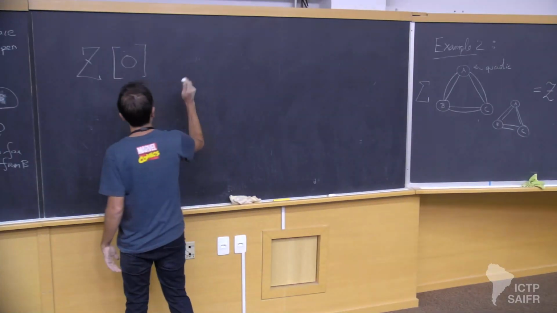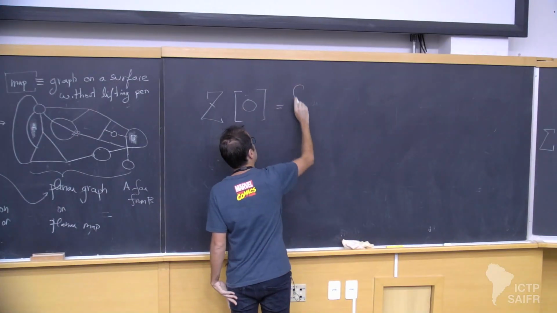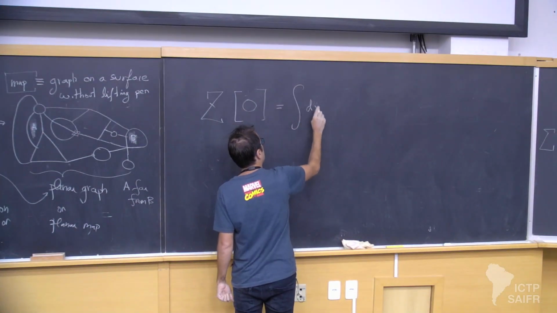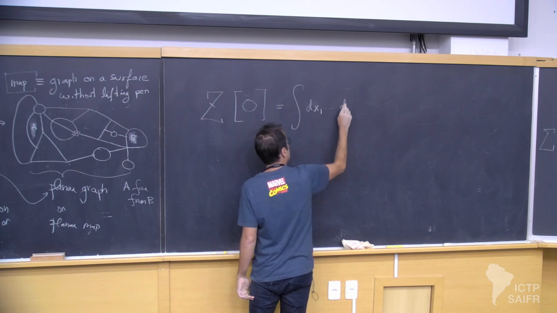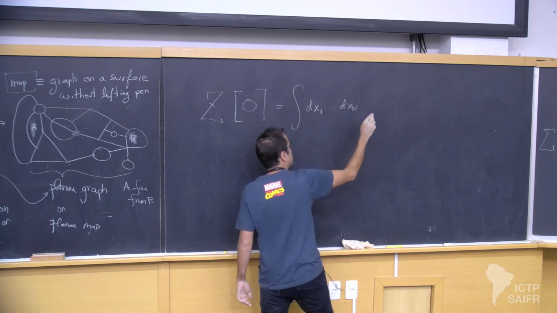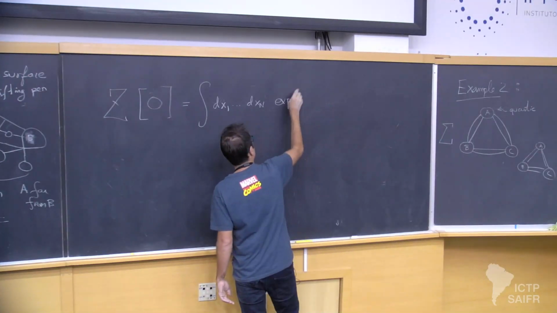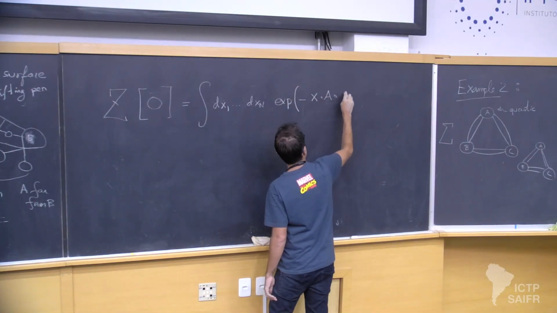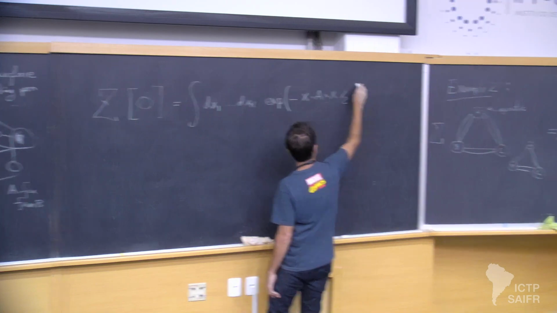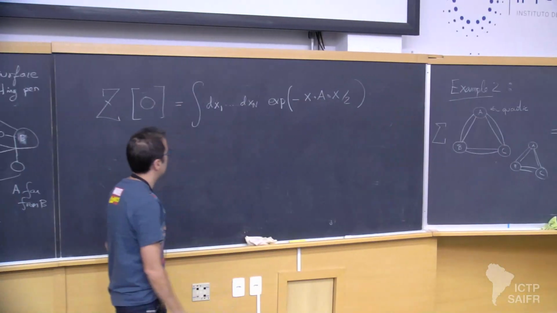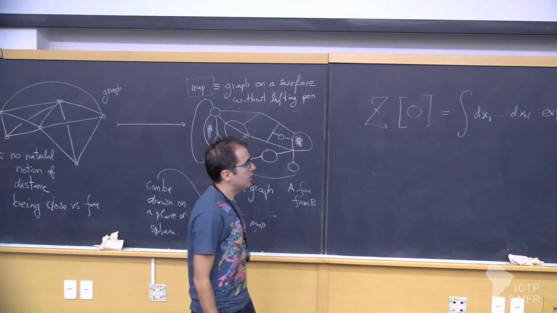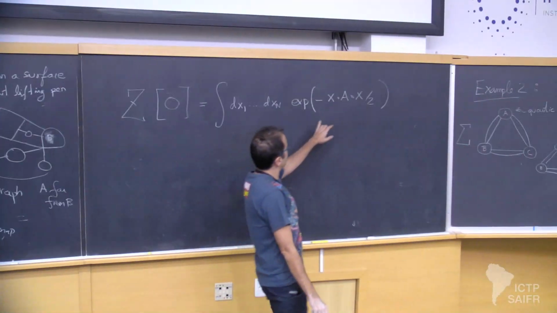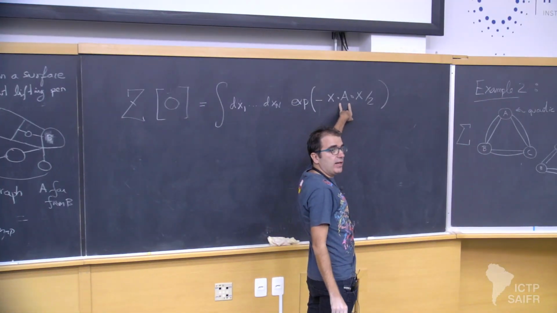And it's very simple. You just say that this is the integral dx1 ... dxn of the exponential of minus x dot A dot x over 2. But this matrix A is symmetric, so it can be diagonalized.